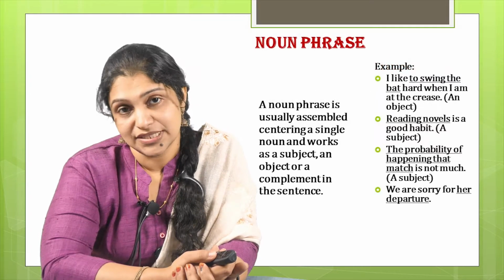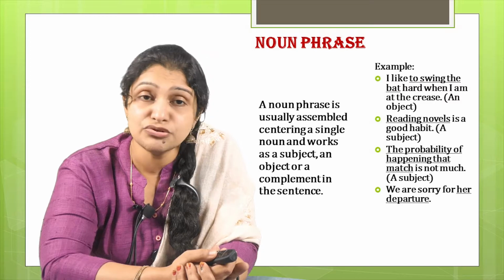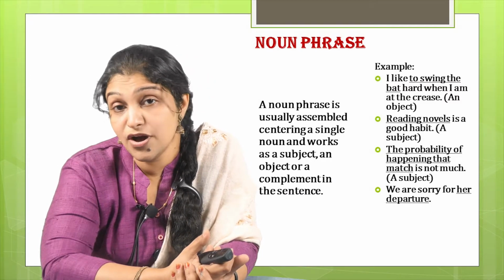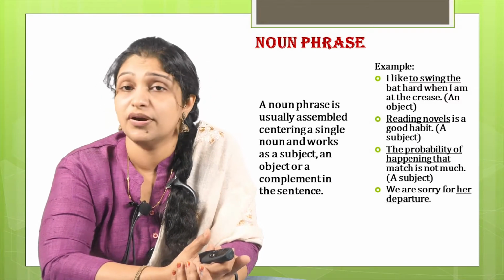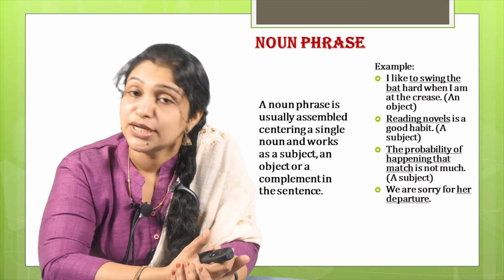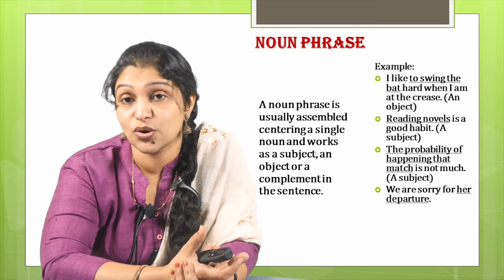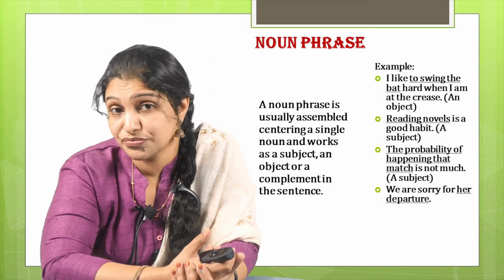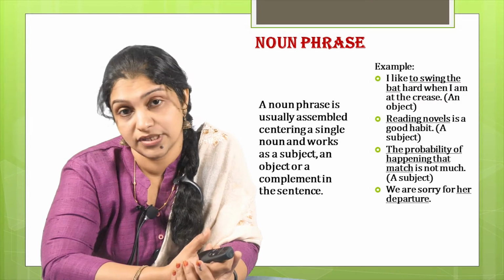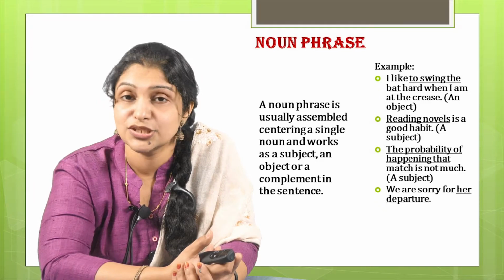A noun phrase. What is a noun phrase? A noun phrase is usually assembled centering on a single noun. It works as a subject, an object, or even a complement in the sentence. Every type of phrase has its own structure, and a noun phrase has two parts: a noun and any modifiers connected to that noun.